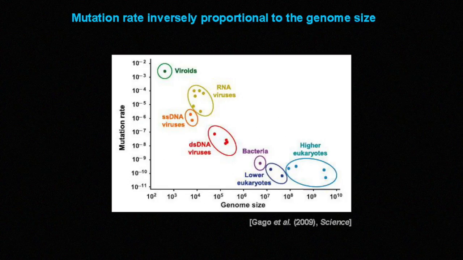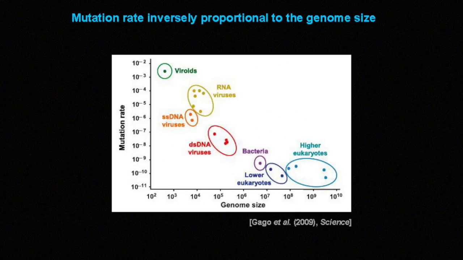So the shorter your genome, the more error-prone your replication can be. What are the units? The units are the mutation rate, so the number of misintroduced nucleotides. One every 200 nucleotides is not correctly introduced in viroids, and here 10 to the minus 10, so one every 10 to the 10 nucleotides.